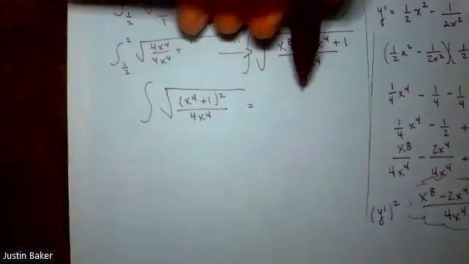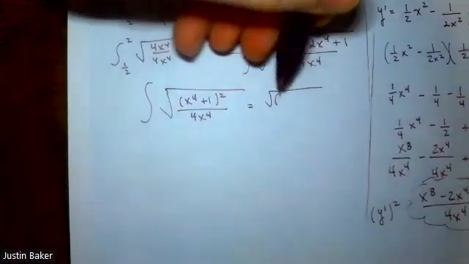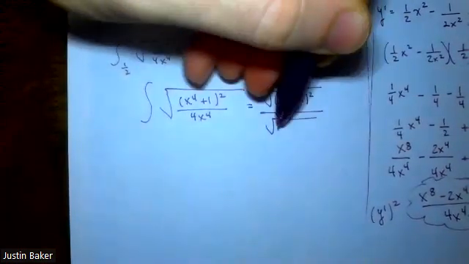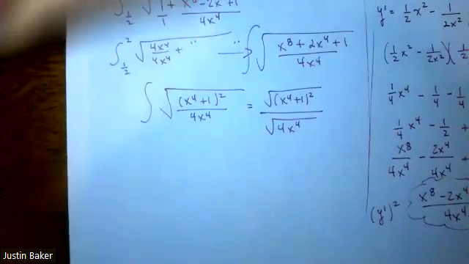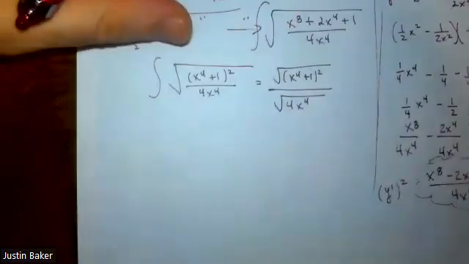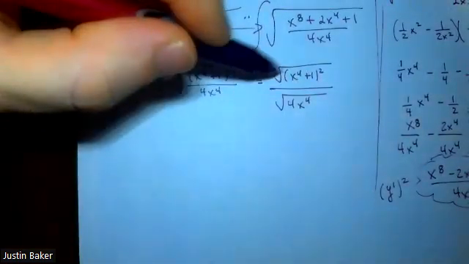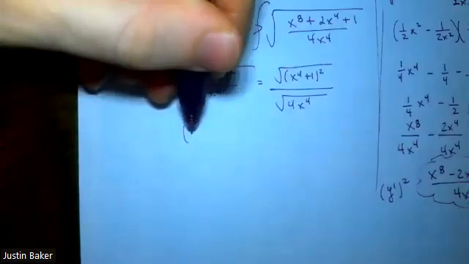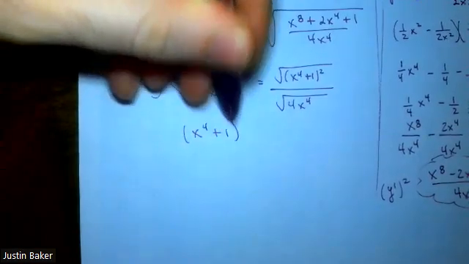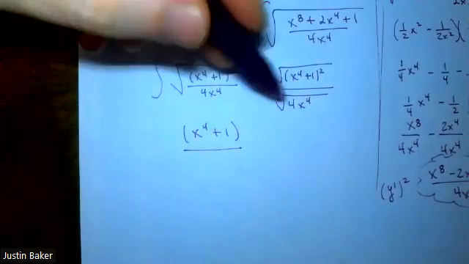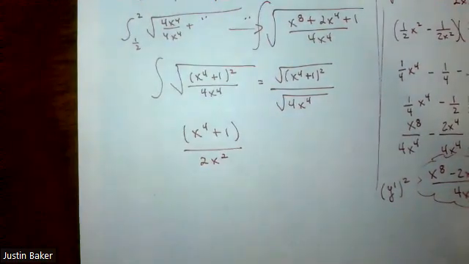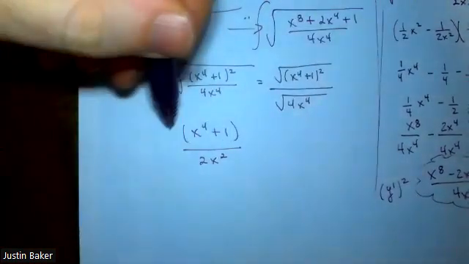So if we split these, this would be the square root of x to the 4th plus 1 squared over the square root of 4x to the 4th. Well, that's helpful because these can both simplify now. If you take the square root of something squared, you're just going to be left with x to the 4th plus 1. And on the bottom, we're going to get 2x squared because you can take that square root. Those are both perfect squares.